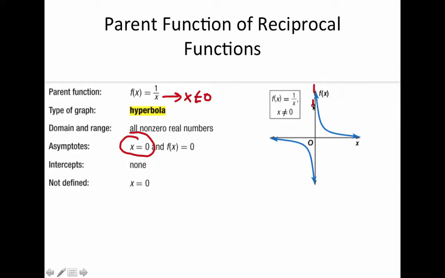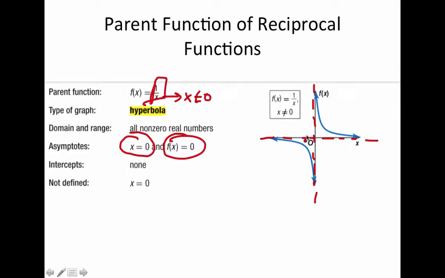So I'm going to have an asymptote that comes down like this, and this graph will never cross over it. And I also have an asymptote at y equals 0 because there's no way to make this thing equal 0. It's impossible. So we're going to focus on these two asymptotes, and this 1 over x is going to be called the parent function.